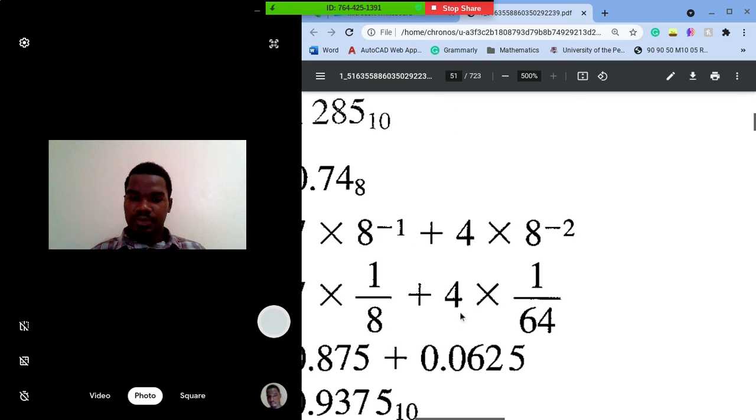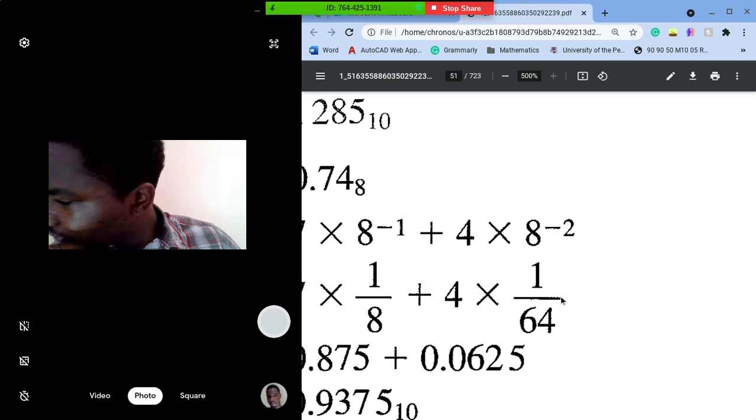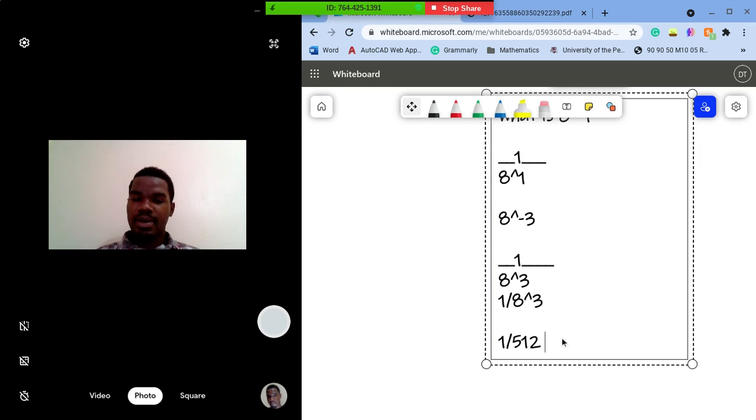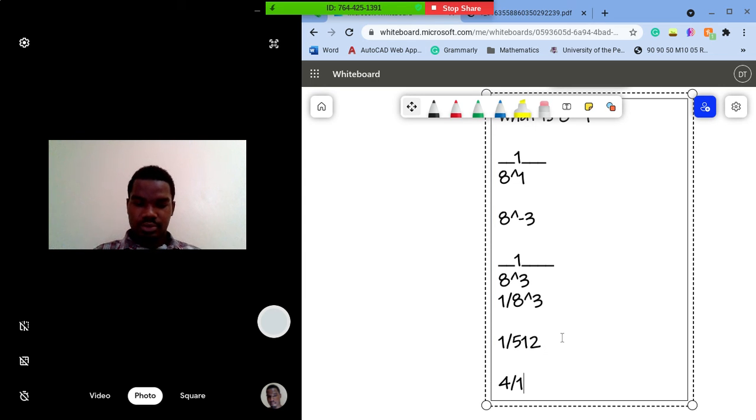Alright, next one. What is 4 times 1 over 64? Pale? 4 over 64. But that can be simplified, correct? Yes, sir. How many times is 4 going to 64? 16. Repeat that for me. 16. So therefore, 4 divided by 64 equals 1 over 16.